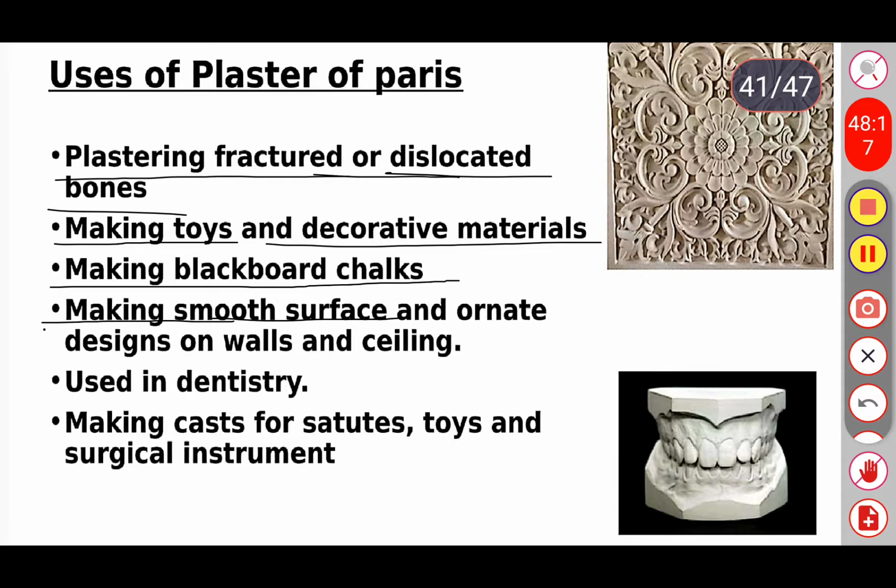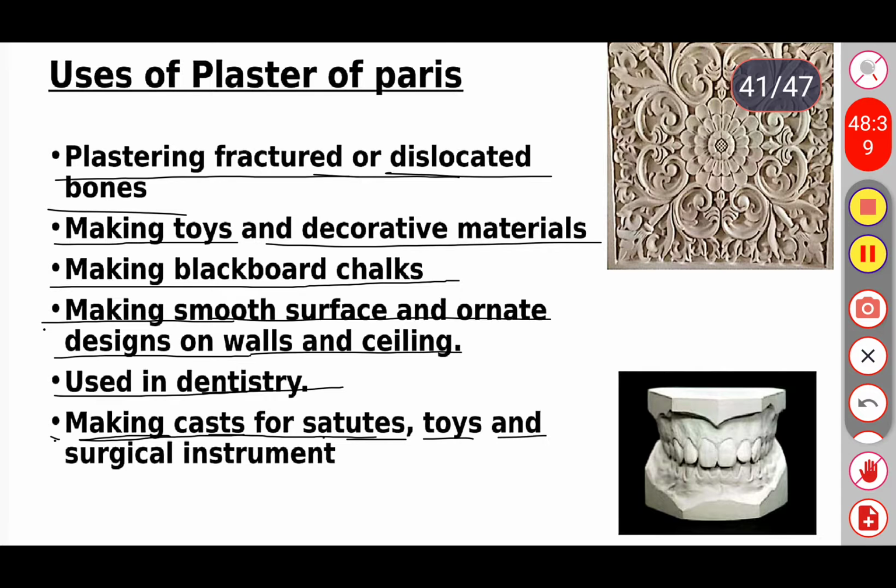Next one, it is used in dentistry. And sixth use is it is used in the making of cast for statues, toys, and surgical instruments. So these are some of the uses of POP.